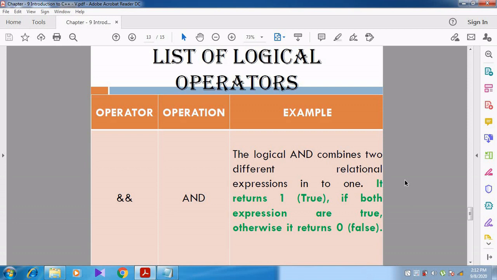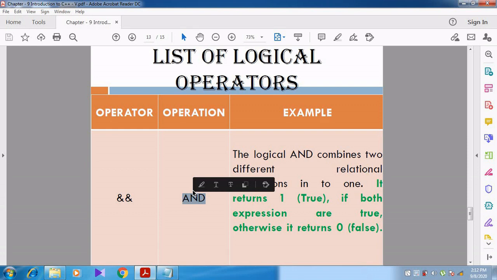But in C++, the AND operator is represented by the ampersand symbol.